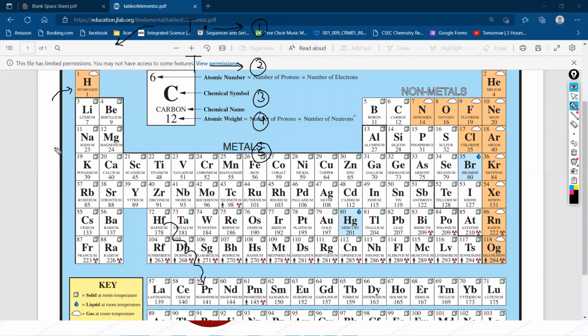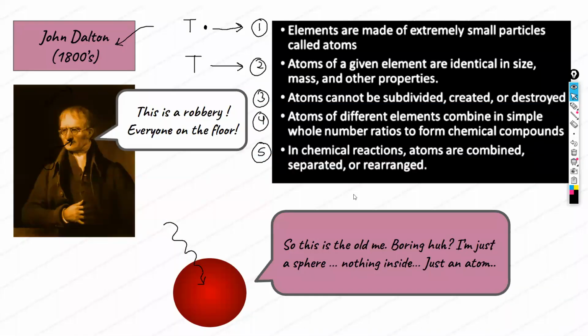He's also saying that sodium, which is a different atom, might be a little bit larger than hydrogen, but all the sodium atoms in the universe have the same exact size. That is what he is trying to say, right? If you pick an atom and go anywhere in the universe and find that same type of atom, it will have the same exact size. So statement 2 is actually true.